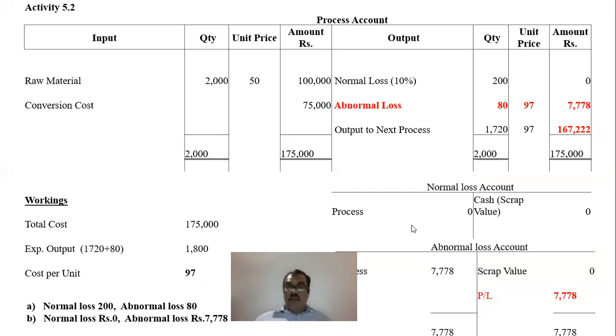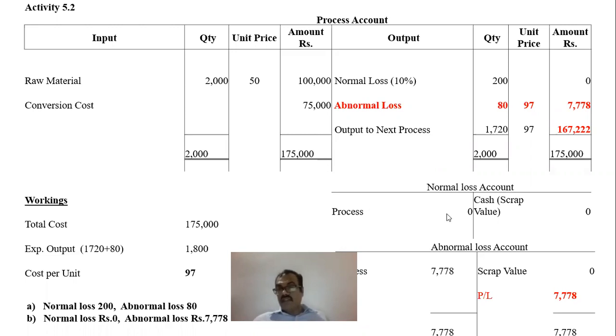Yeah, in the case of abnormal loss account, that cost is removed. You see, out of this 175,000, 7,000 something has been removed here. Crediting to this account means you deduct it. So that has to be recorded somewhere. That is the meaning. But in the case of normal loss, we have not removed that loss. That cost is already embedded in this 175,000.